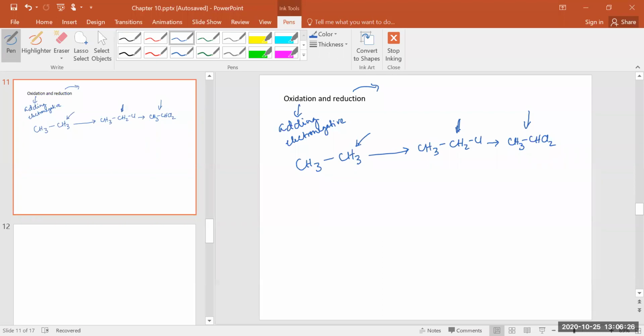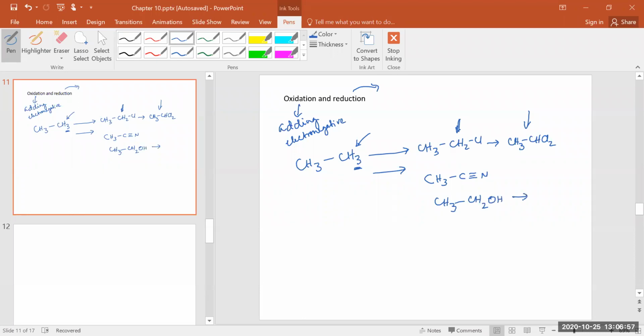Similarly, suppose you add nitrogen, so you have CH3 and carbon triple bond nitrogen. Nitrogen is an electronegative element, so it has a higher oxidation level. Or add oxygen, it will increase the oxidation level.